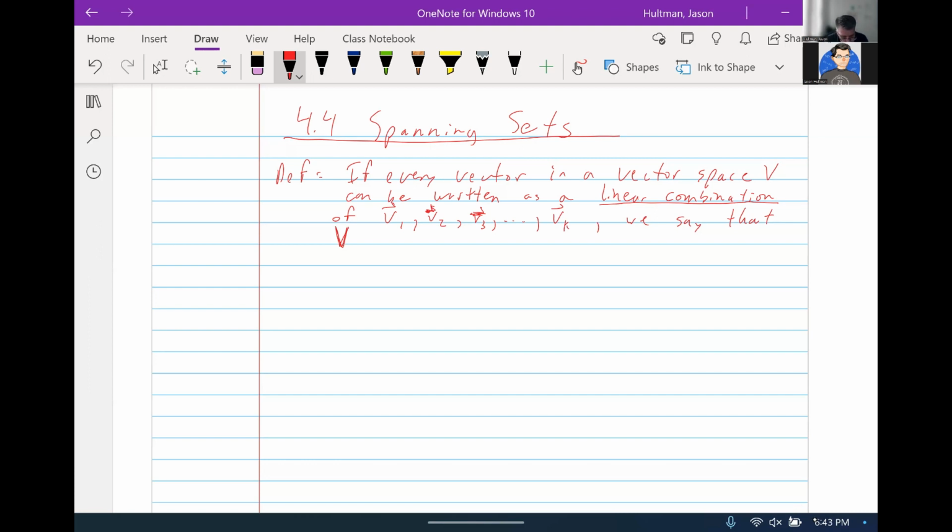Okay, we say that V, the vector space, is spanned or generated by all these vectors, by v1, v2, ... vk.